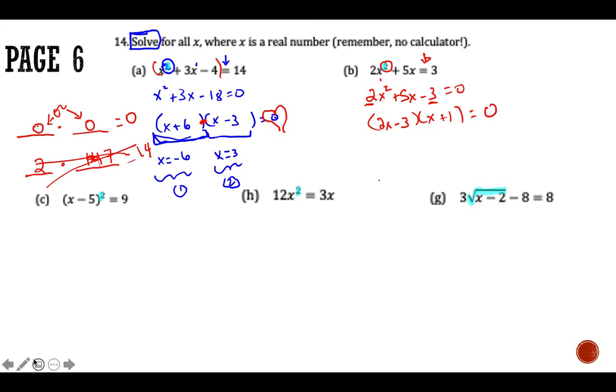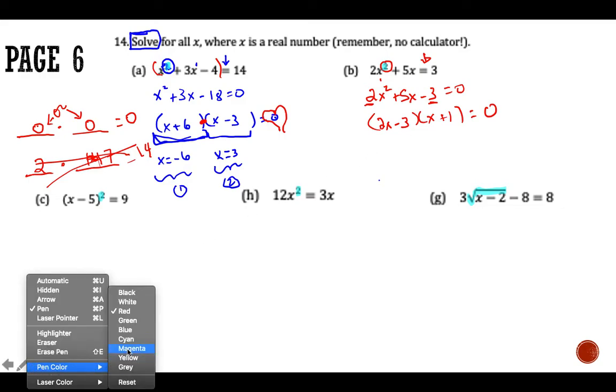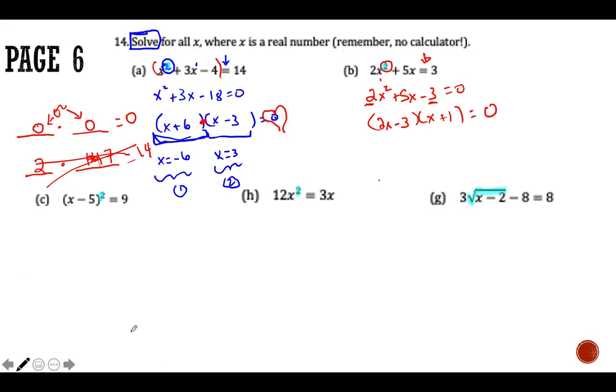Now let's use our zero product property rule. You have 2 factors, 1 times 2, and the product is 0. That means that either 2x minus 3 must equal 0, or x plus 1 is equal to 0.